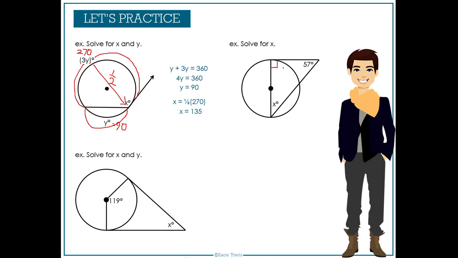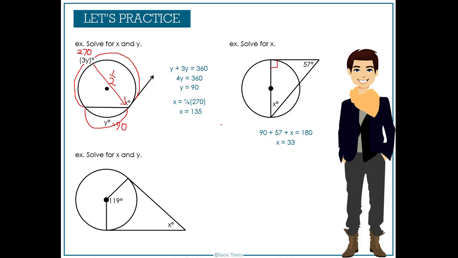So that means that this is 90. If this is 57 and this is x, all three of the angles are going to add up to 180. So I got 90 plus 57 plus x is going to equal 180. I combine my like terms, and then I subtract them from the other side, which means that x here is going to equal 33. Pretty good.